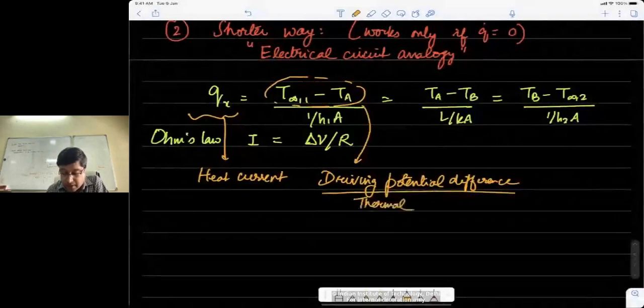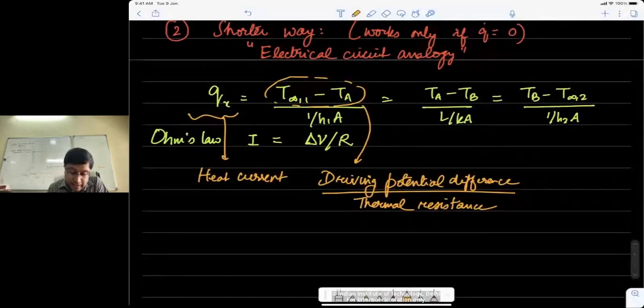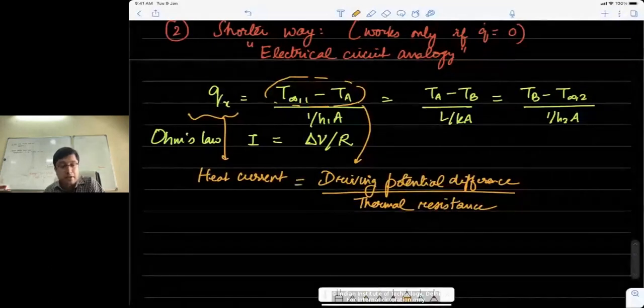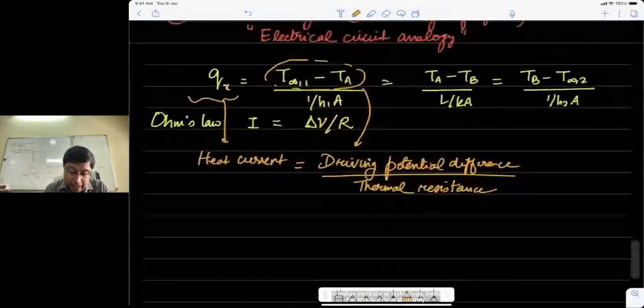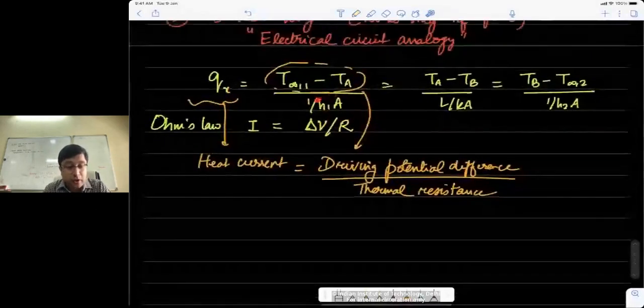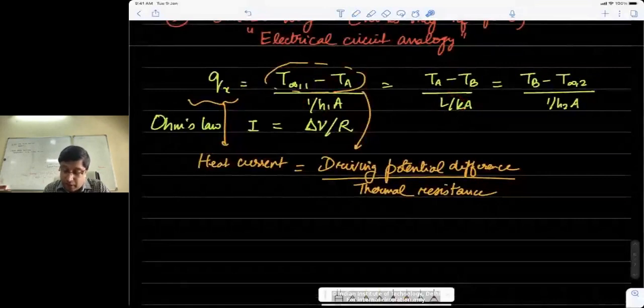We call it thermal resistance. So heat current is equal to the driving potential difference divided by thermal resistance. Clearly, 1 by h1a is a thermal resistance to convection, L by Ka is a thermal resistance to conduction, and 1 by h2a is another thermal resistance for convection.